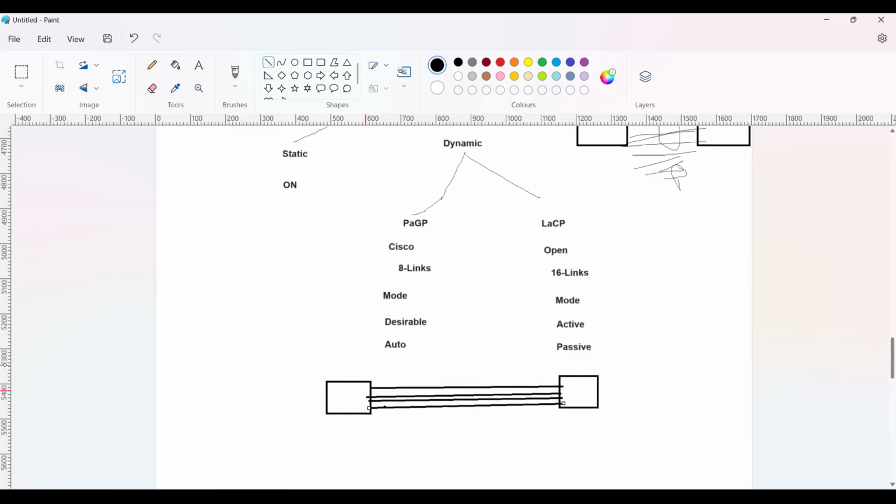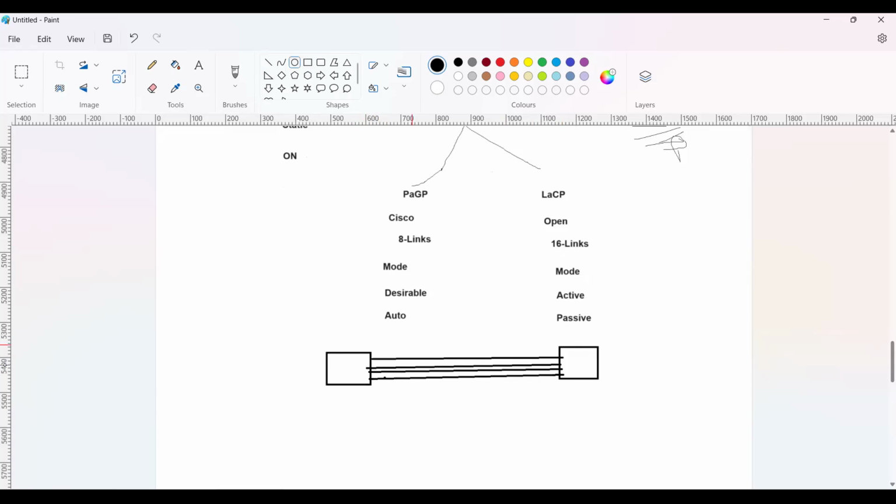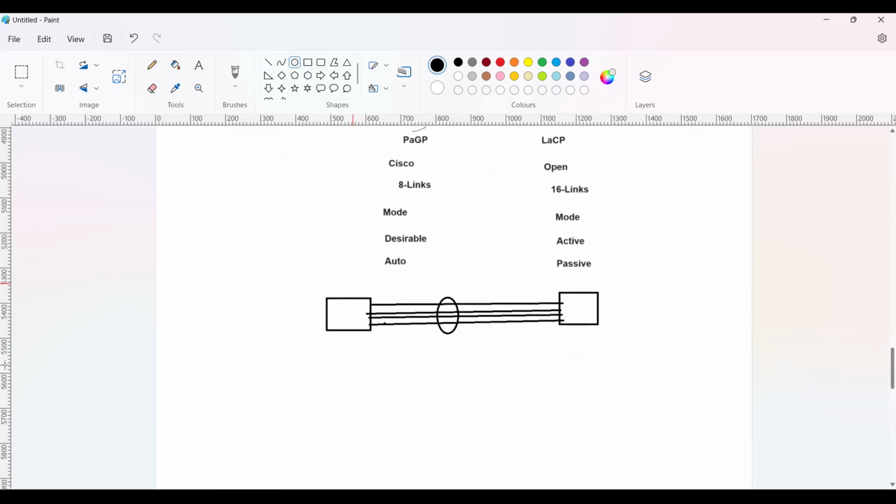Mode on means it's a static mode, and now I am configuring PAgP. In PAgP, we have 2 modes, desirable and auto, on switch 1 and switch 2.